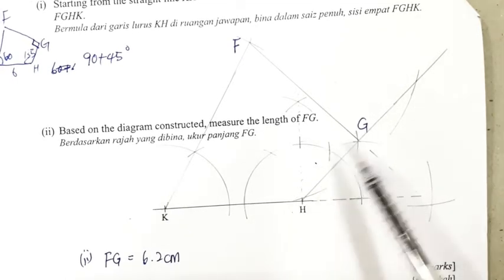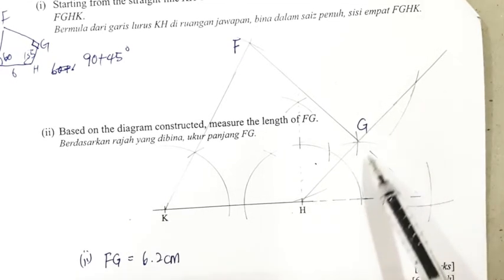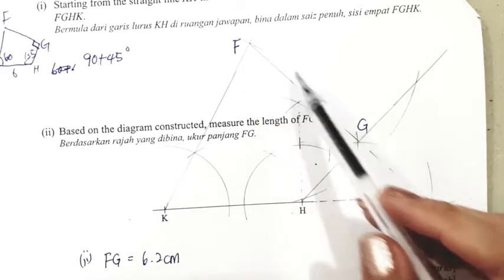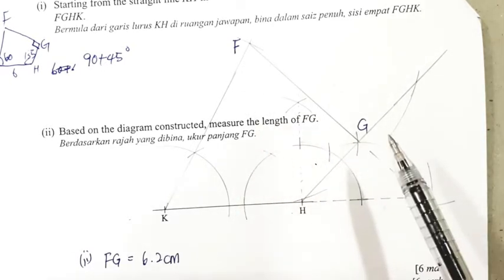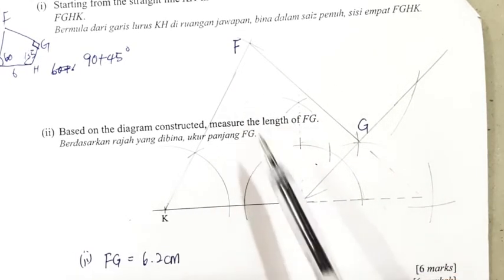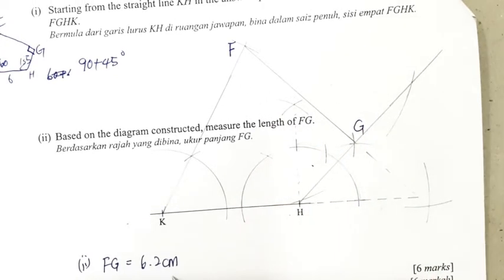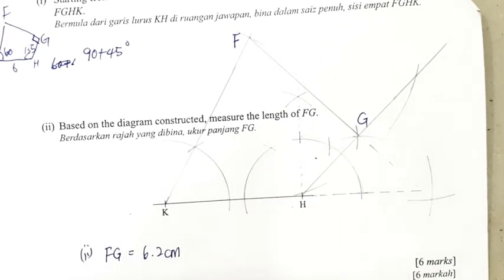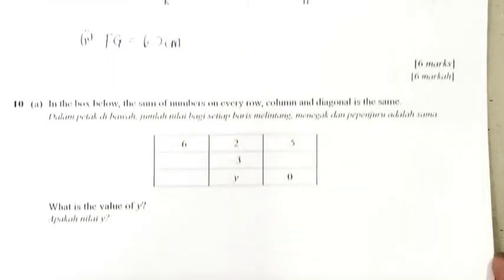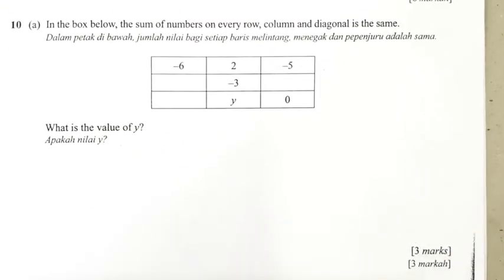Okay, and then 1 mark for this, and then 1 mark for the whole diagram. 5 already, right? So 1, 2, 3, 4, 5, and the last mark will be your measurement, 6.2. Okay, so that's it. Last question.